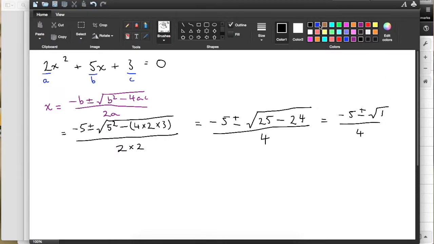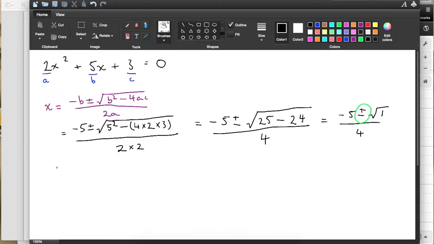Now here we actually have 2 separate equations, because don't forget we have this plus or minus sign. So that means x can either equal negative 5 plus 1 over 4 or negative 5 minus 1 over 4. Two different results.